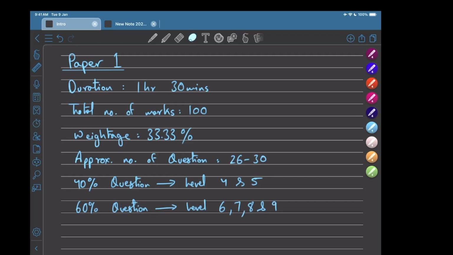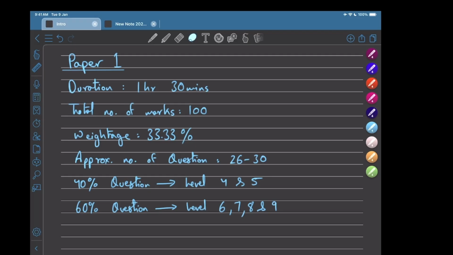So let's say if you have scored 100 on 100, only 33.33% will be calculated. If you have scored 80% in this paper, then you will get 33.33% of 80. That's how you consider the marks for your paper 1.